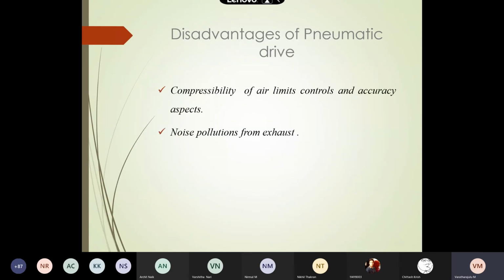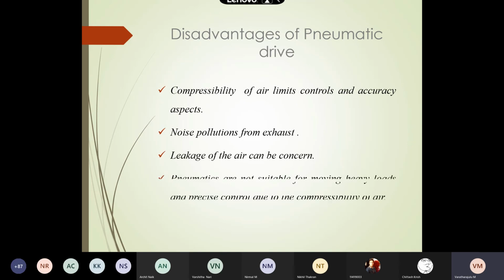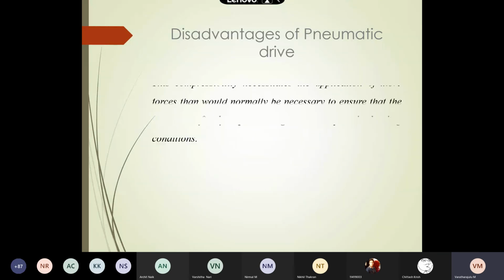Similarly, it has some disadvantages: the compressibility of air limits control and accuracy, there is noise pollution from exhaust, leakage of the air can be a concern, and we should also worry about the transmission line. Pneumatics are not suitable for moving heavy loads and precise control due to the compressibility of air.